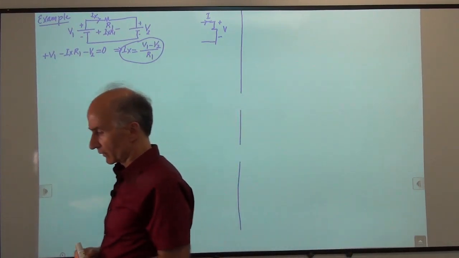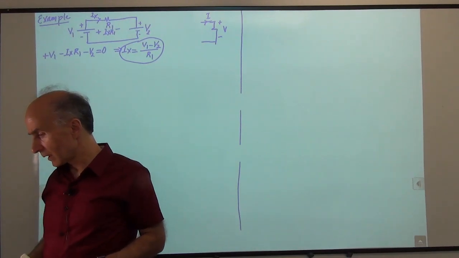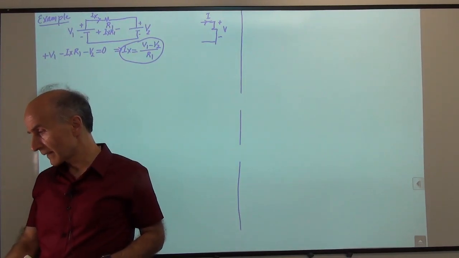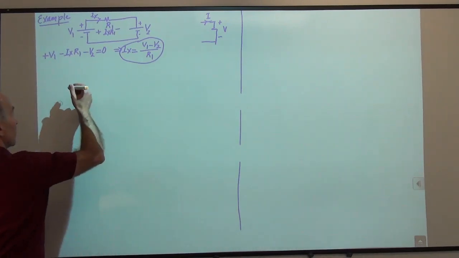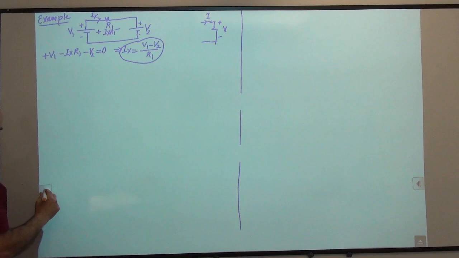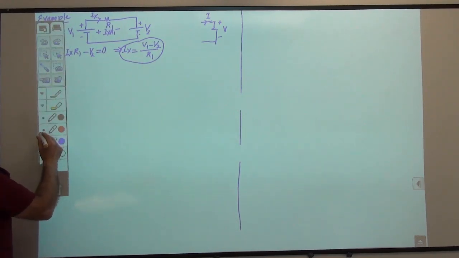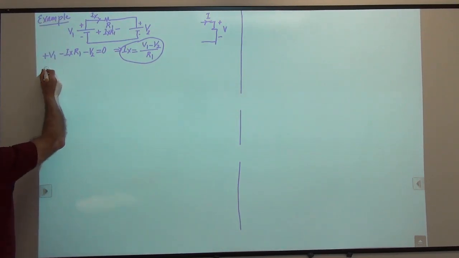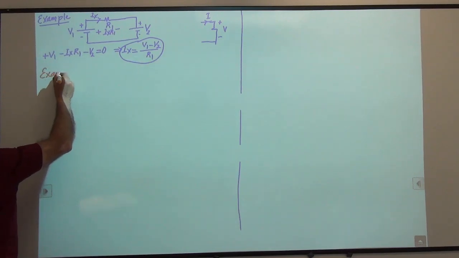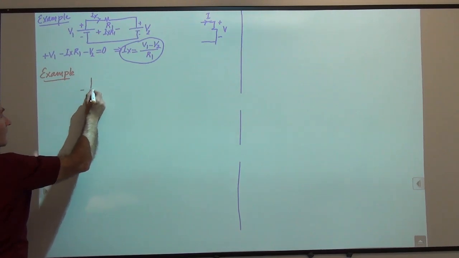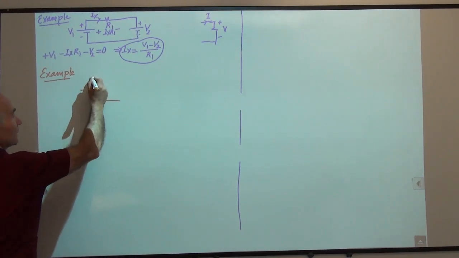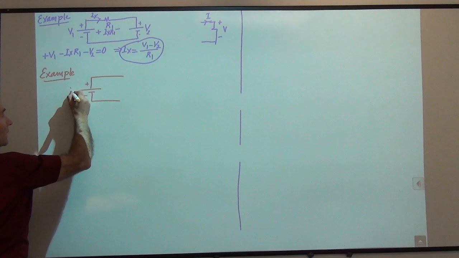Okay, very good. Let's go on to another example here and see what we can do. So this time we'll be a little more adventurous and try some other circuit. In this case, we'll throw in a dependent source. So suppose I have a voltage here called V1.